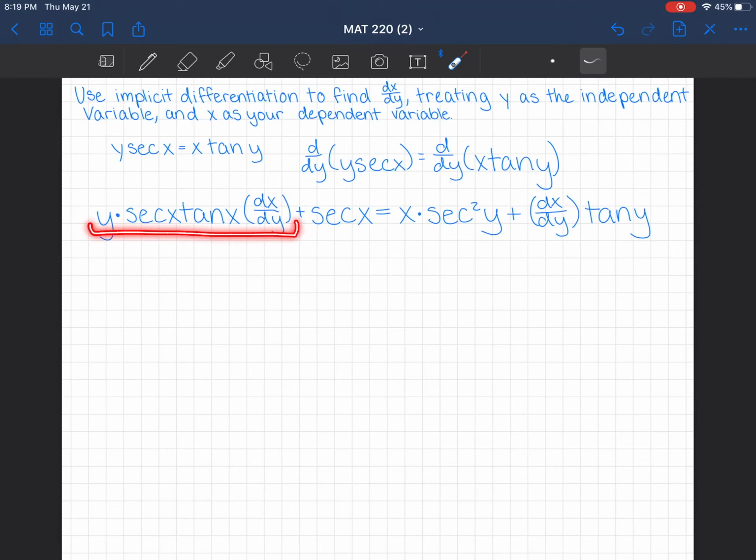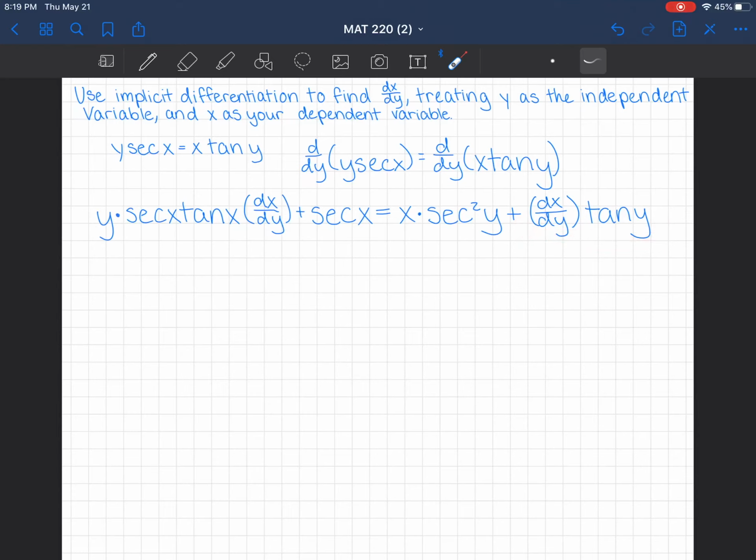And we have this big term over here that has the dx/dy. And we also have this term over here with dx/dy. We want to go ahead and get those terms on the same side and get these other terms which do not have the dx/dy on the same side. So we can go ahead and rewrite that then.